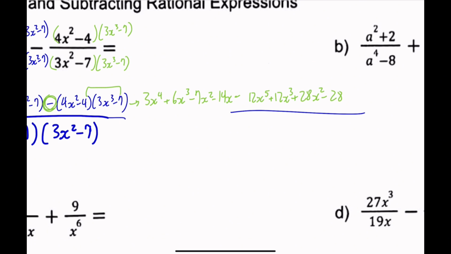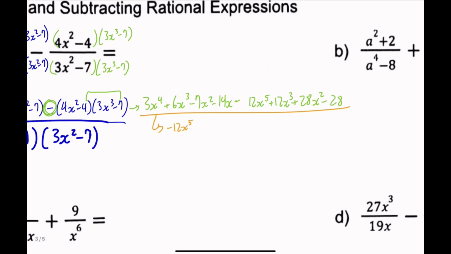So we have our numerator, but now we have to simplify it. The highest power is 5, so minus 12x to the 5th power, and then 3x to the 4th power, and then 12 plus 6 gives 18x to the 3rd power, and then minus 7 and 28 gives us 21x squared, and then minus 14x minus 28.